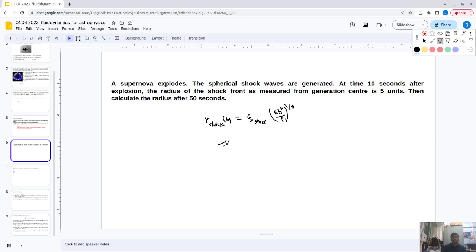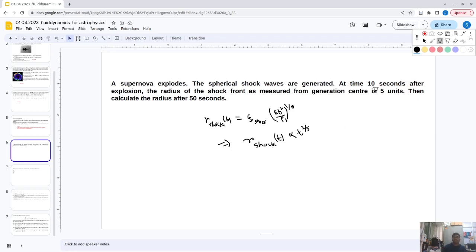So R shock t will be proportional to t to the power 2 by 5. Okay, so there is a formula like this.